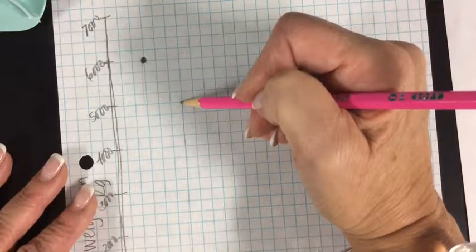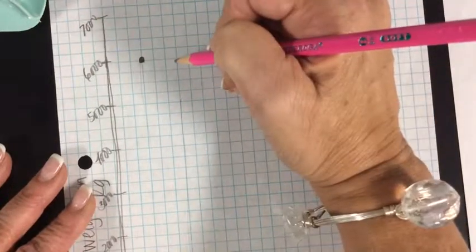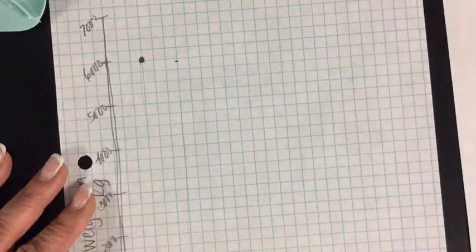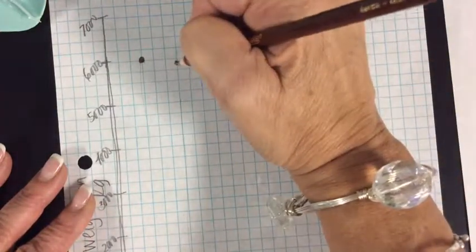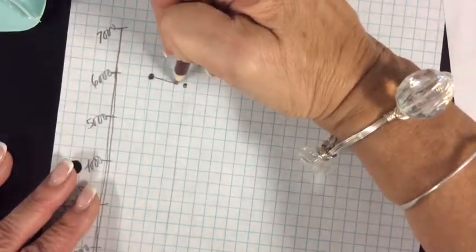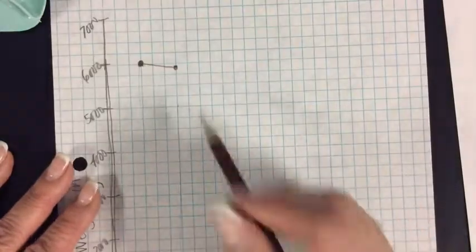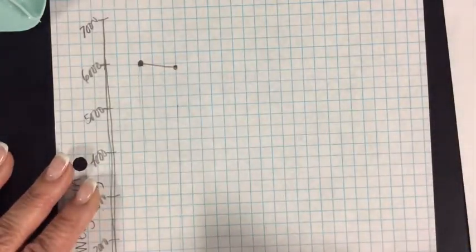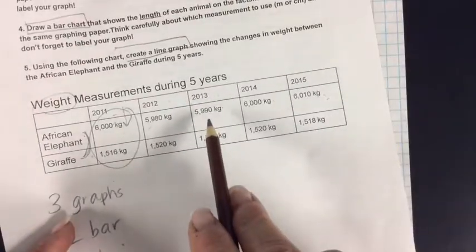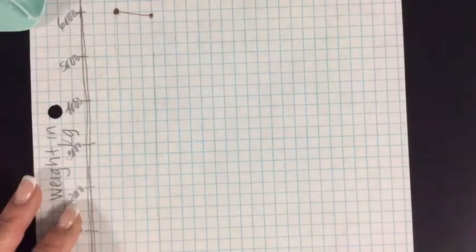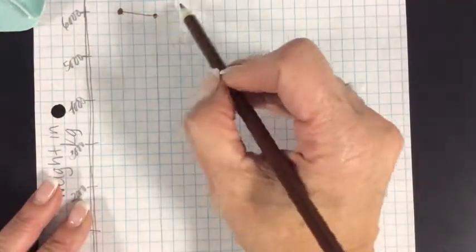That's almost 6,000, so I'm going to do it right here, and that's brown. And now I'm going to connect this. Okay, so the next data point you do will be 2013, which is 5,990. You need to graph that, then connect it with the brown or whatever color pencil you choose.